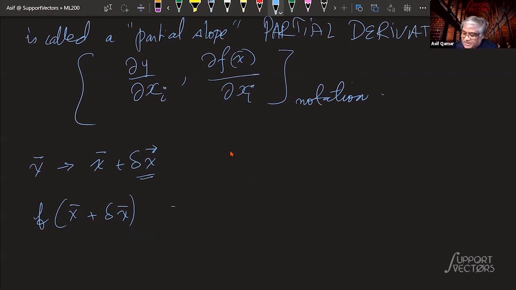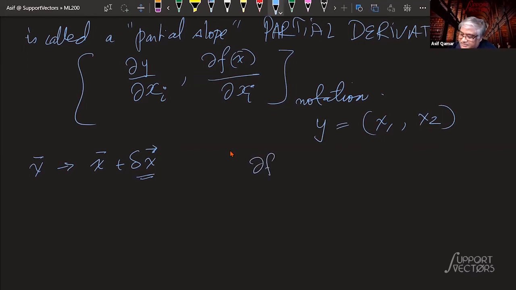Before I go there, let me bring up a concept. Let's say that there are two axes, x1, x2, and you're looking at y as a function of these. So you will have dy/dx1, dy/dx2.